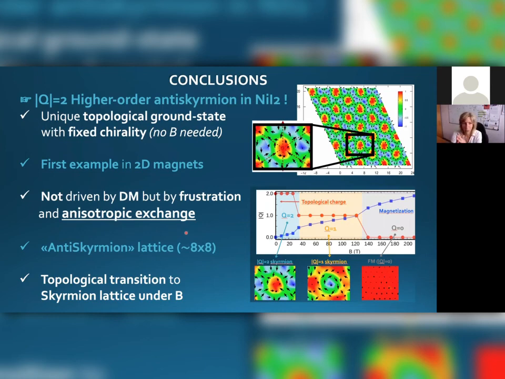It is the first example in a 2D magnet, and we think that what we see from Monte Carlo simulation has its root in the strength of the anisotropic exchange. We have a rather small lattice periodicity. And also if we apply a magnetic field, then there are other topological transitions to normal skyrmion phases.